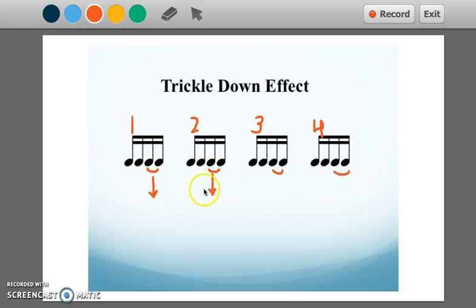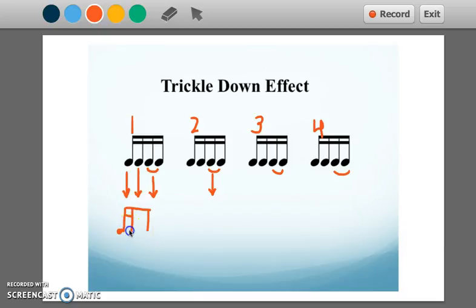I'm just going to do the first two beats. So, my trickle down theory, like long division, I'm going to carry those two 16th notes, and this is going to become one note of its own, and we know that as an eighth note.